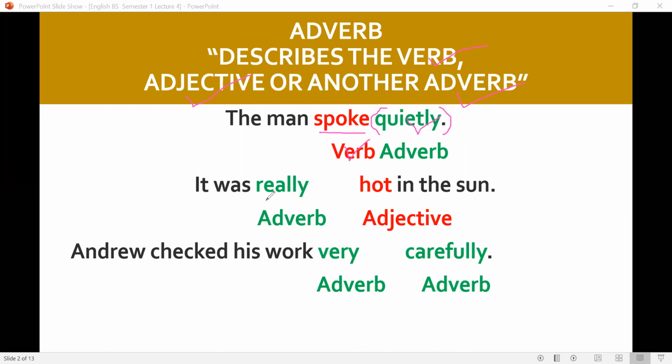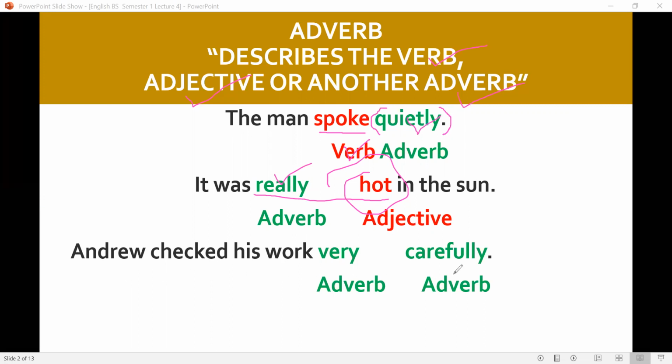It was really hot in the sun. Hot is an adjective. This really is an adverb. It is telling us something more about the hot, the heat. So here the adverb is adding to the meaning of, or explaining, the adjective.